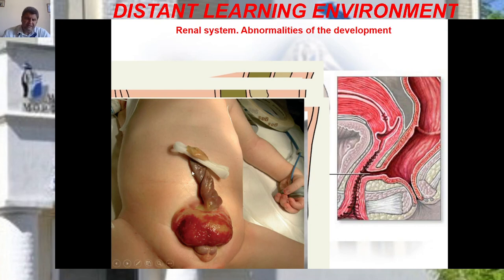You also may see umbilicus, and this abnormality is called extrophy of bladder. Extrophy of bladder. I repeat that this abnormality is the absence of anterior wall of bladder, and must be surgically corrected.